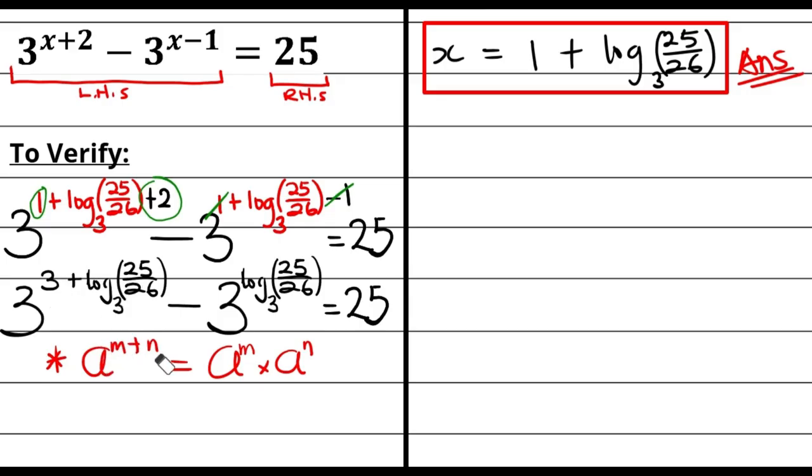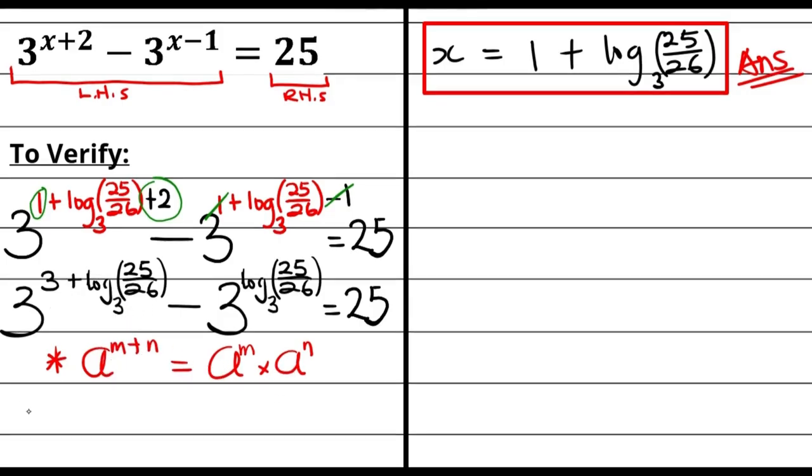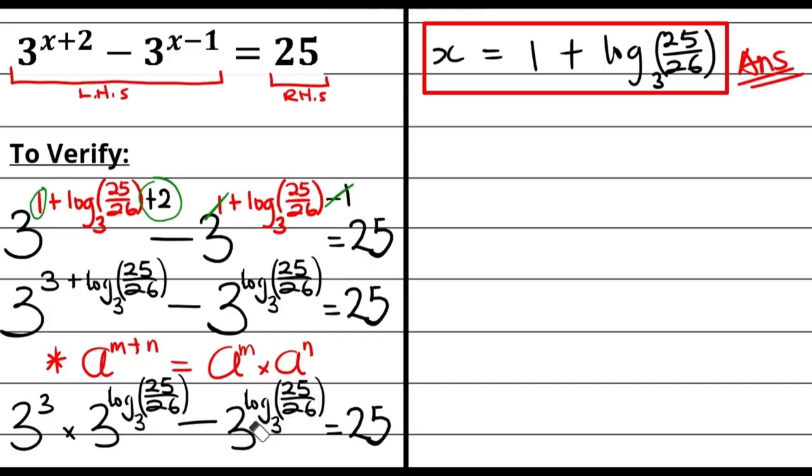It's just the same thing, so we write the right hand side of this. If we do that carefully, we're going to have 3 raised to the power of 3 multiplied by 3 raised to the power of log 25 over 26 base 3, now minus 3 raised to the power of log 25 over 26 base 3 equals 25.